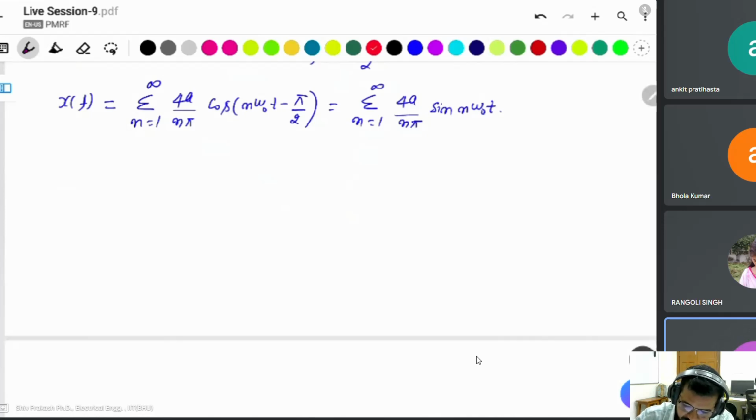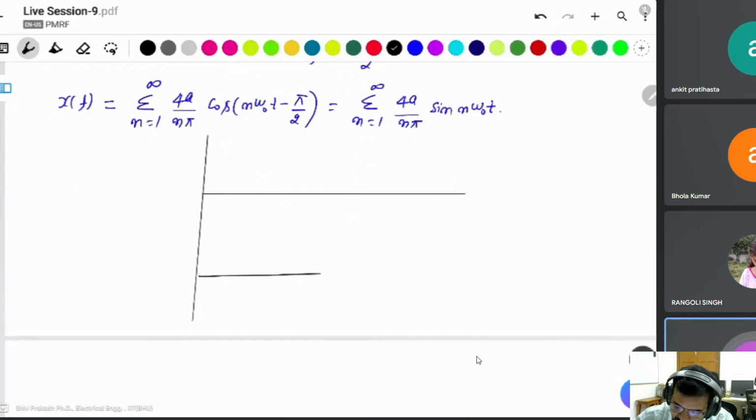The representation of this one can be shown in two plots: one for magnitude, second for the phase. The axis runs 0, 1, 2, 3, 4, 5.